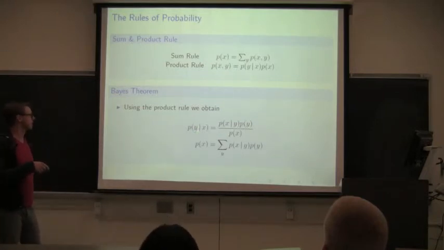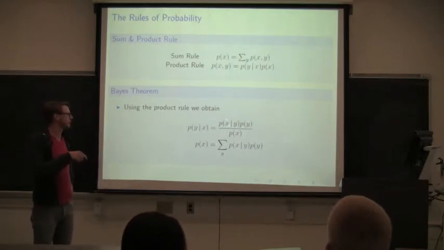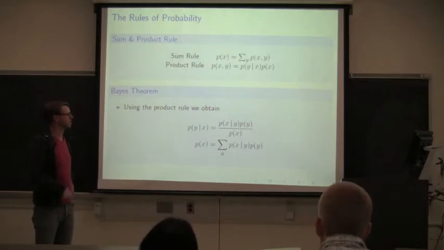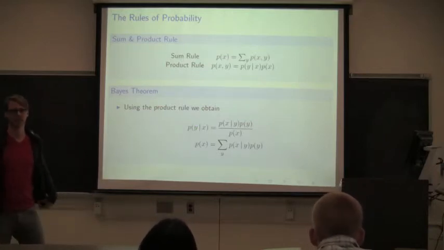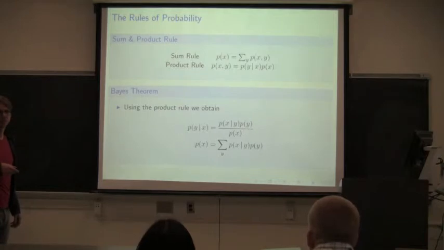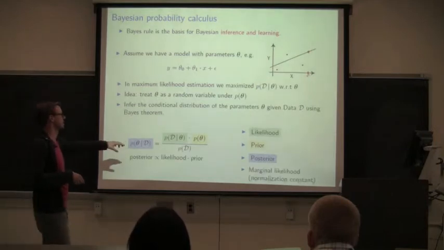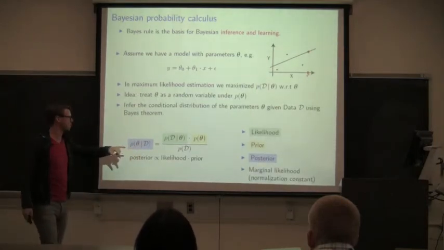Now, given the conditional distribution of x given y, if we know this quantity and we know the distribution of y, then we can use Bayes' theorem to get the conditional distribution in the other direction. That's why this conditional distribution is often called reverse probability.